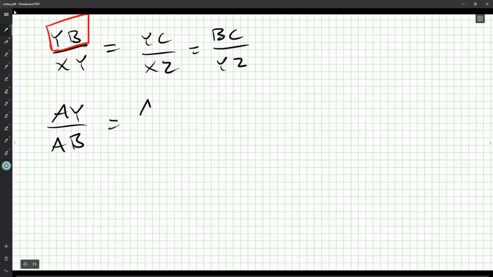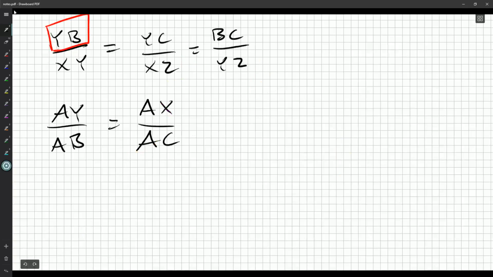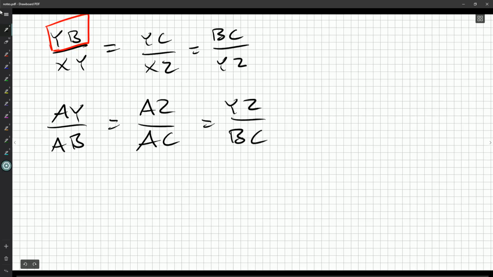Okay, so looking at this pair of triangles, we also have things like AY is to AB, as AZ is to AC, is to YZ to BC. Oh, now I have this ratio here, so there's an inverse.